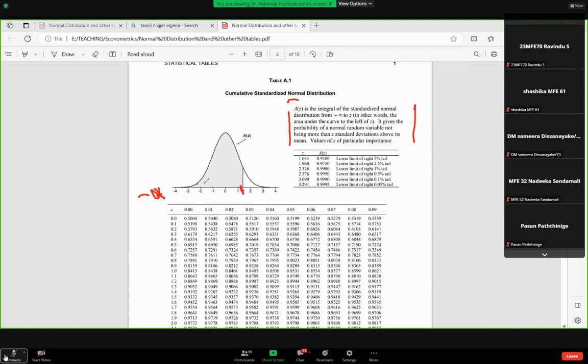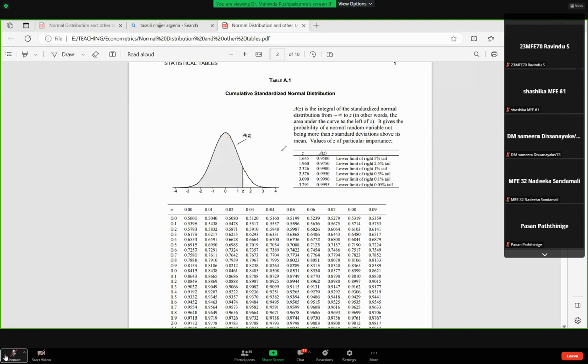That means this highlighted area is A(z), the probability area under this curve where the value of Z is less than z.